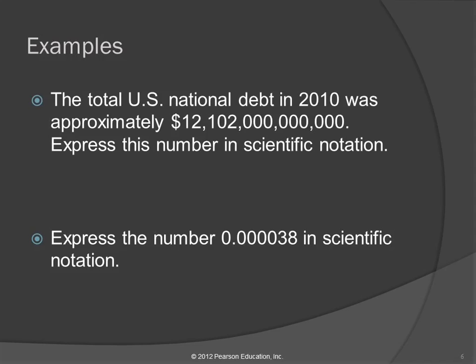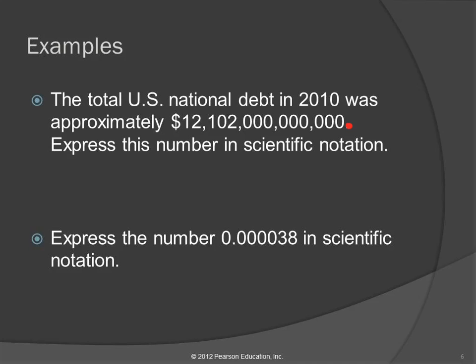Now, in that number, where is the decimal point? It's at the end. This is actually a period, but that's where the decimal point would go. So we're going to have to move that decimal point all the way over to the left, and we need to put it after the first non-zero digit.